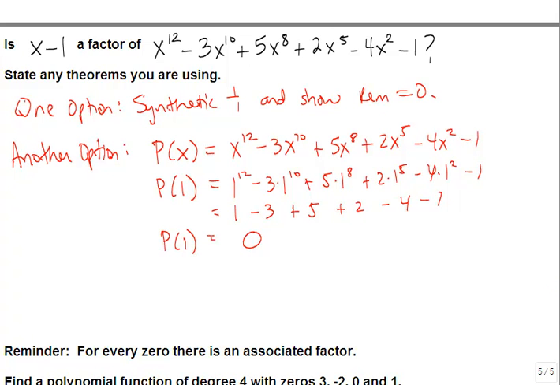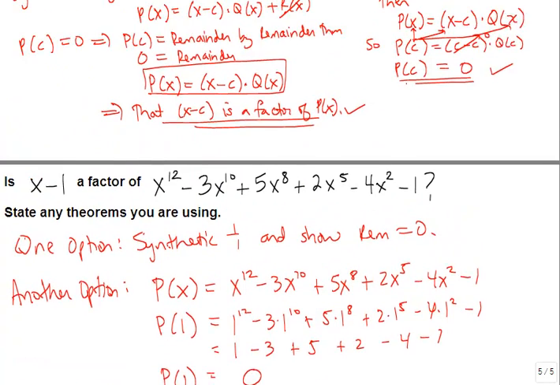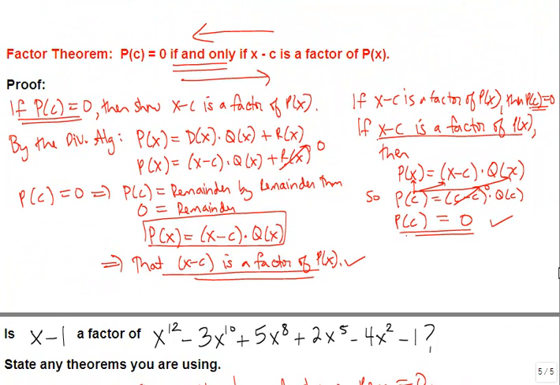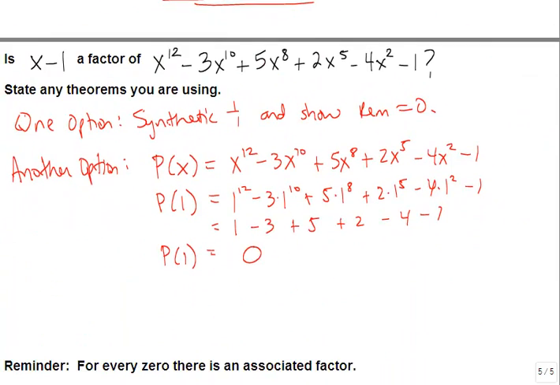Alright, what can we conclude as a result of p of 1 equaling 0? Let me back up here a little bit. Remember that factor theorem? If p of c equals 0, then x minus c is a factor of your polynomial. That's exactly what the factor theorem says. So we could conclude, and we could say, therefore, by the factor theorem, make sure you are naming or claiming the theorem that you are using.